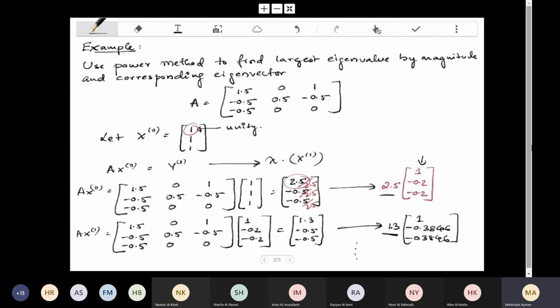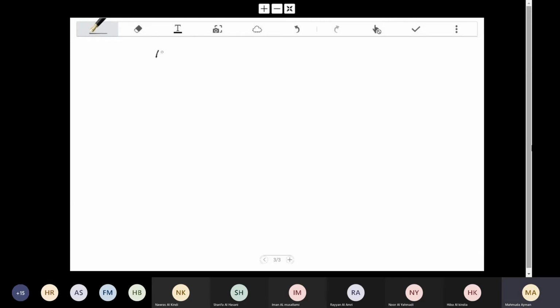The absolute relative approximate error is lambda 2 minus lambda 1, divided by lambda 2, times 100, which is 1.3 minus 2.5, divided by 1.3, times 100.